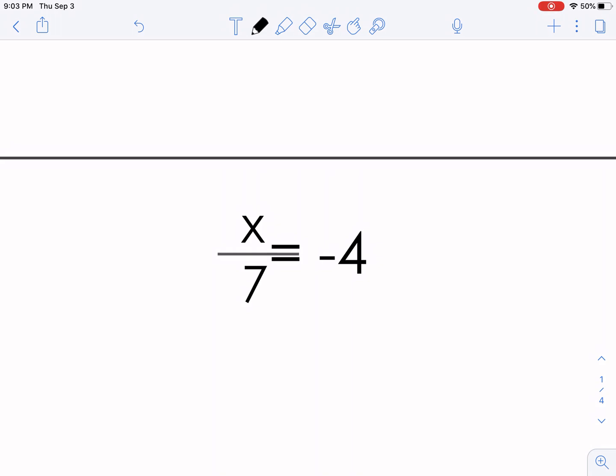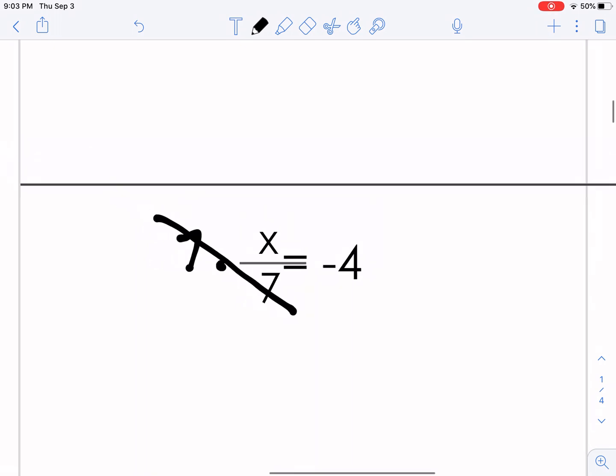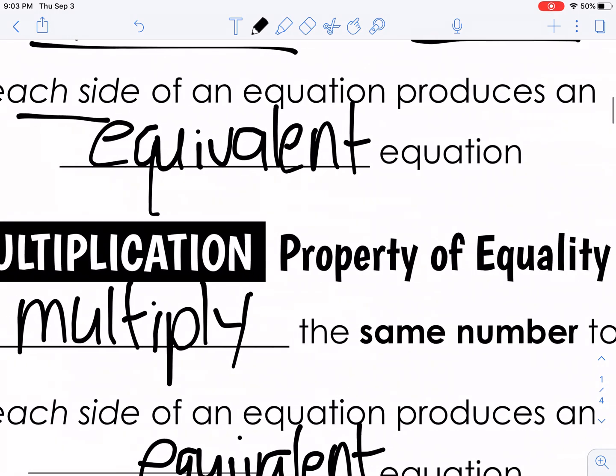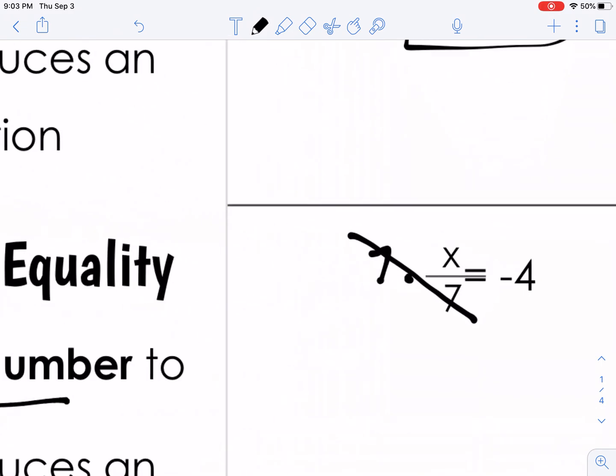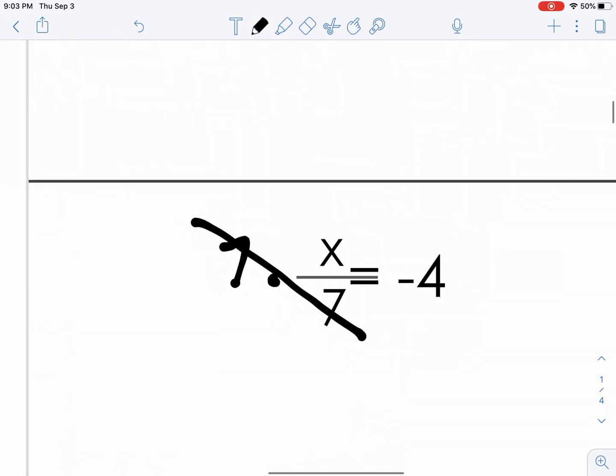Well, what's the opposite of dividing by 7? Multiplying by 7, right? So if I multiply by 7, these two are inverses of each other. They would cancel each other out. However, I now have to apply the multiplication property of equality, which says I can multiply the same number to both sides, okay? So I don't want to just multiply 7 to that side. I also have to multiply it to this side.